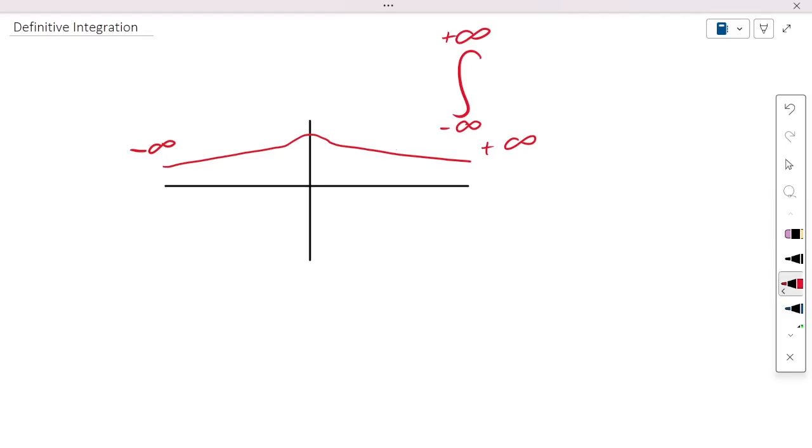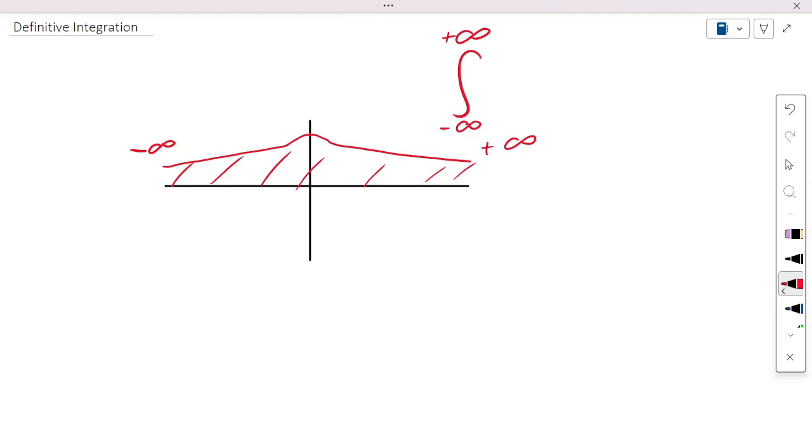We would assume, oh, just because it's going from negative infinity to positive infinity, the area under the graph has to be infinity. Well, that's not always the case. And this is why we're going to go to improper integrals, because this is where we are going to be tackling convergence and divergence. So let's get straight into the introduction for that one.